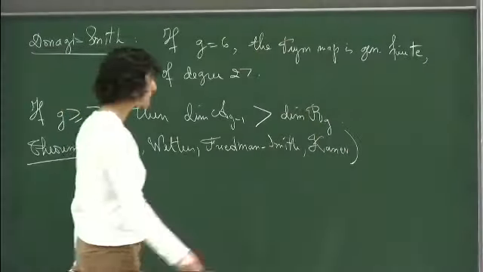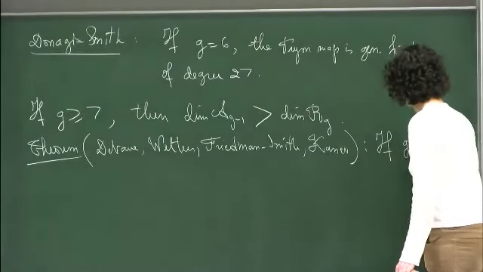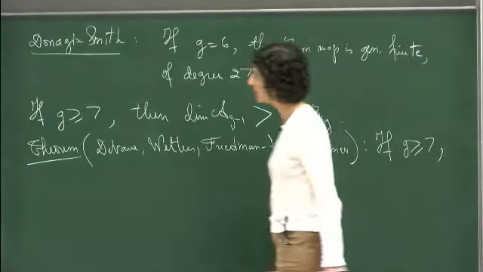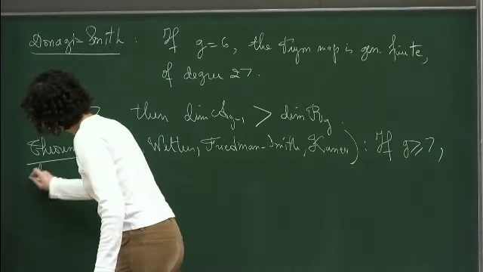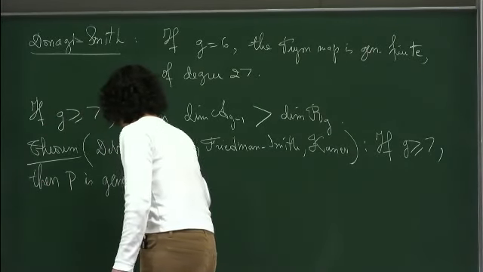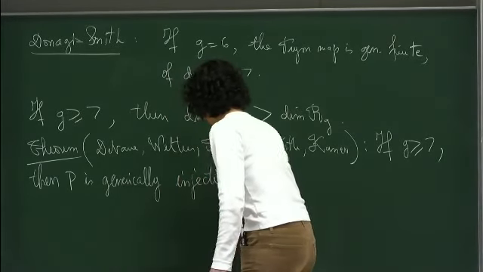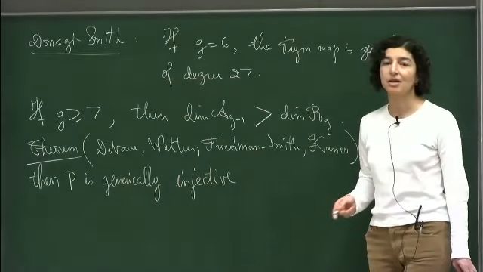The theorem says that if g is at least 7, then the Prym map P is generically injective. This is what people refer to as generic Torelli.